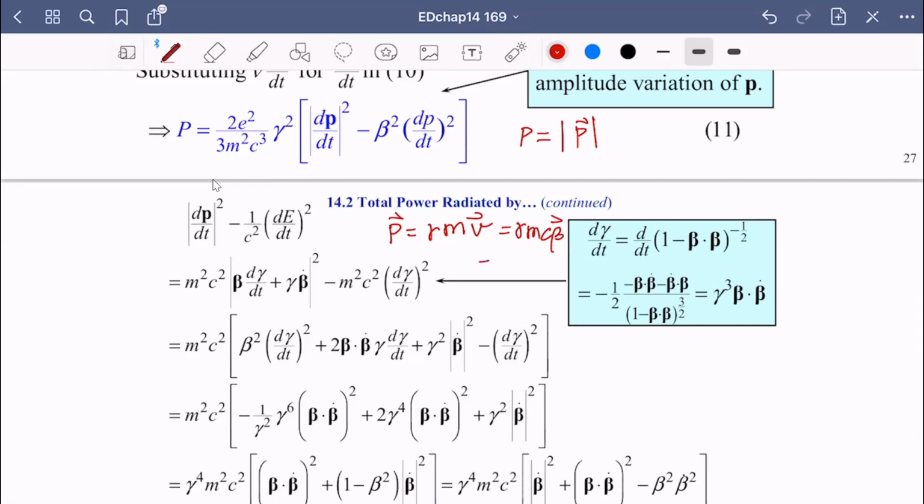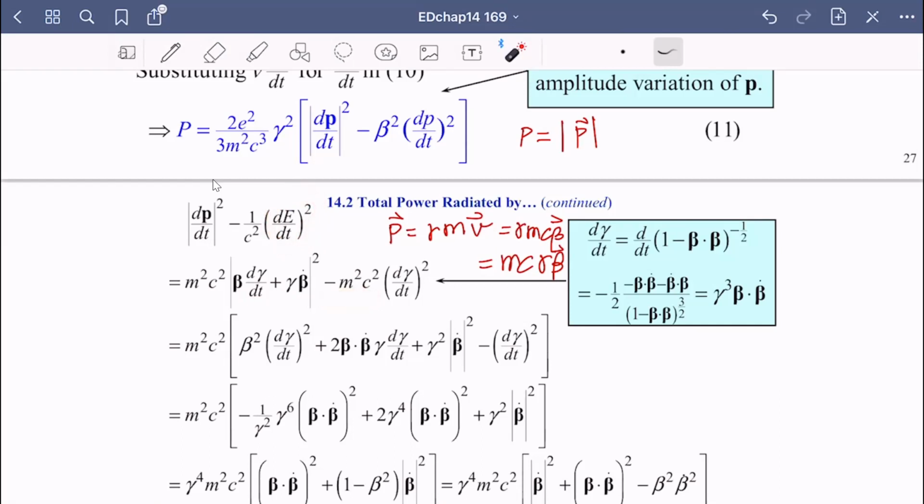So it's mc gamma beta. Okay, so therefore P squared will be m squared c squared. And the derivative is divided into two parts. One is beta times the gamma dt. The other is gamma beta dot. Okay, and squared. And this one is simple.